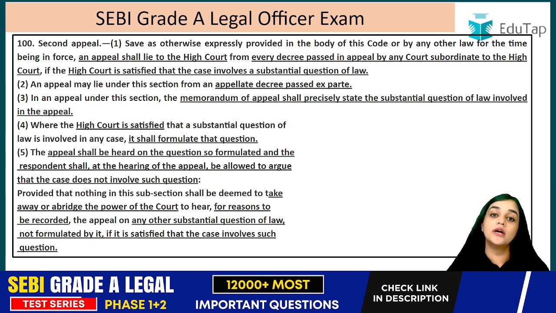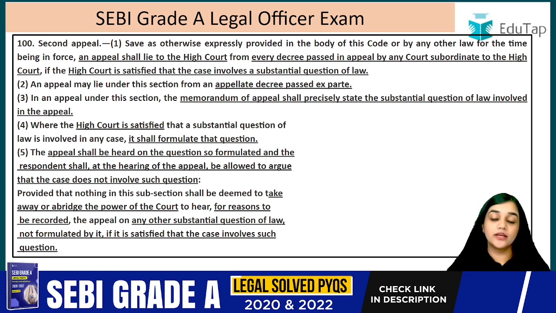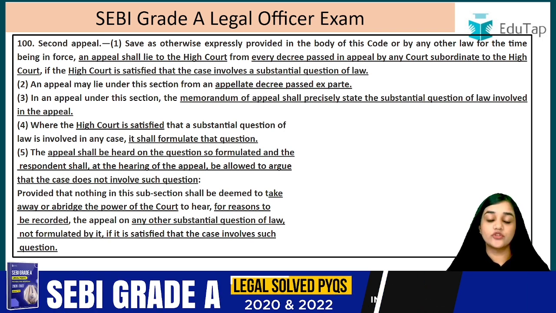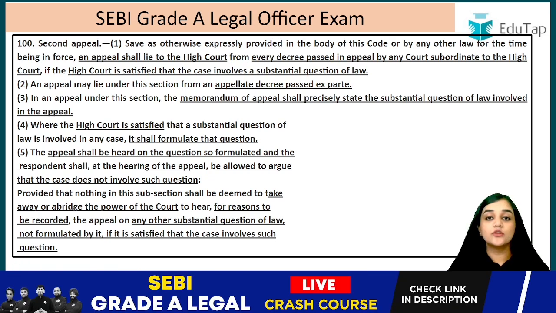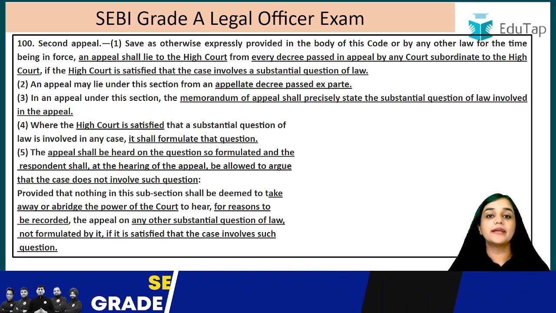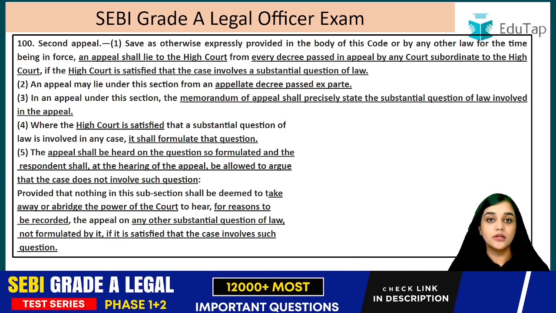The High Court is going to record such reasons. It is going to record it, and it will also hear the arguments on that question that was not formulated originally. It is also going to hear the arguments on another substantial question that it did not formulate, but it arose in the course of the proceedings, right?